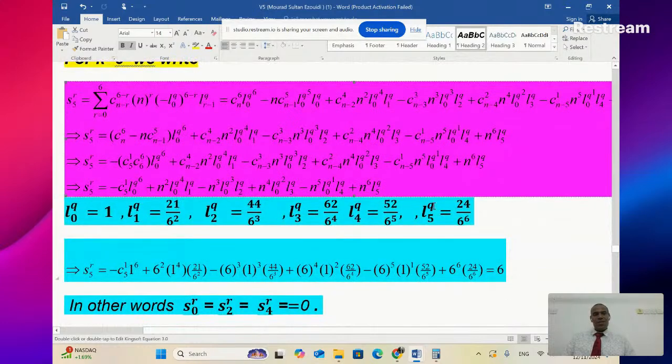You see this one? This is L5, I put it here. This is L4, I put it here. This is L3, I put it here. This is L2, I put L2 here. And this is L1 of Q, I put it here.